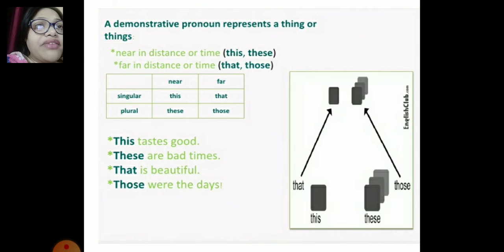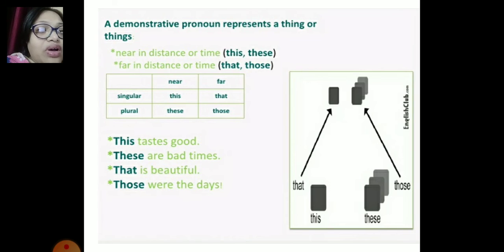So a demonstrative pronoun represents a thing or things, that is singular or plural. Near in distance or time is referred to as this or these, and far distance or time is referred to as that or those.